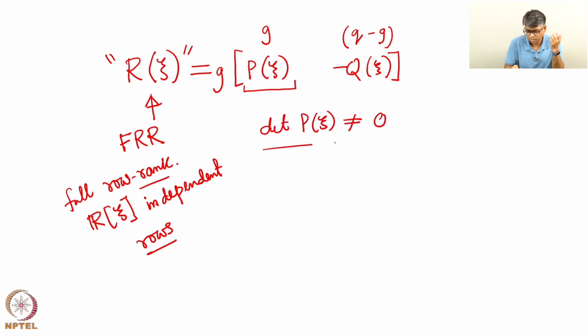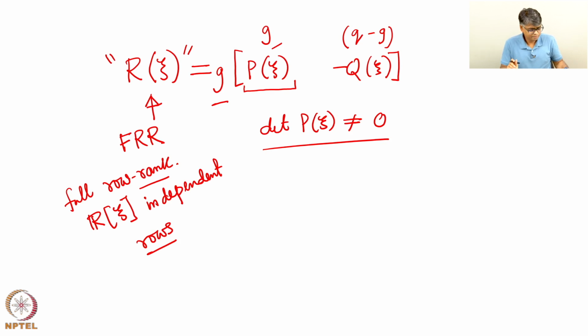Why is it possible? Because it is full row rank. Because it is full row rank, there is at least one g by g block whose determinant is non-zero, and that g by g block is what we have written here, possibly after permuting the columns.